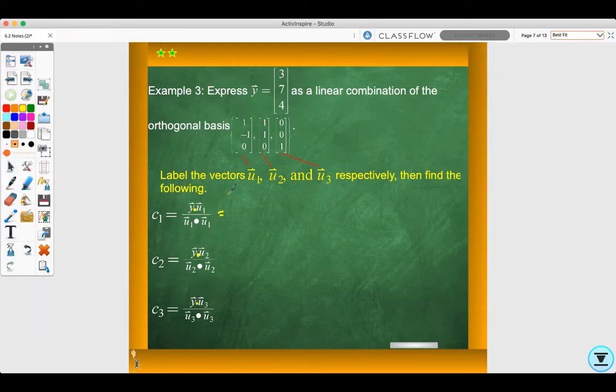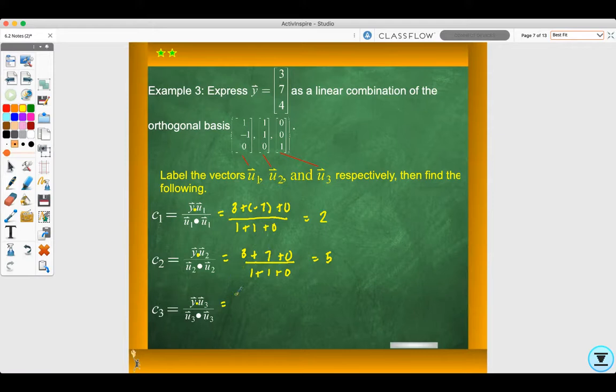So we should have 3 plus 7, 3 plus negative 7, plus 0, all over 1 plus 1 plus 0, and we get 2. Here, we should have 3 plus 7 plus 0, all over 1 plus 1 plus 0, and that equals 5.